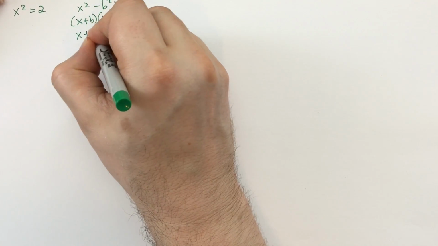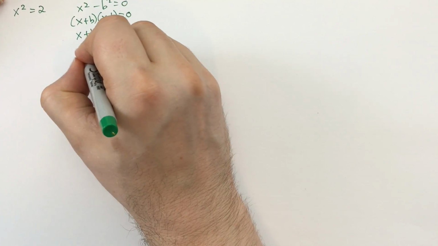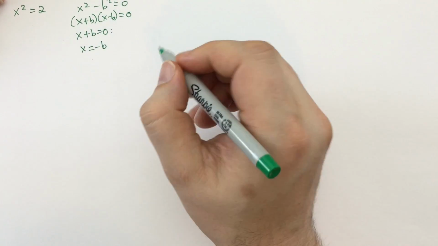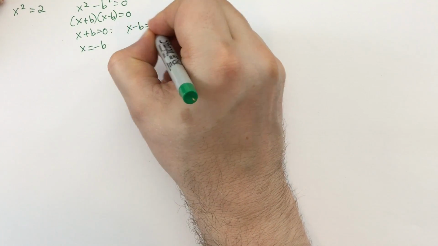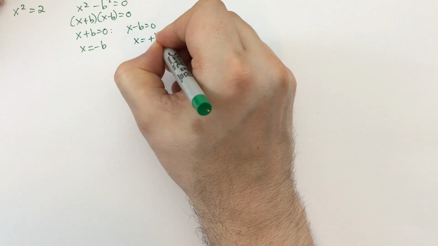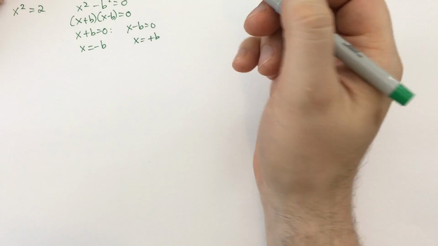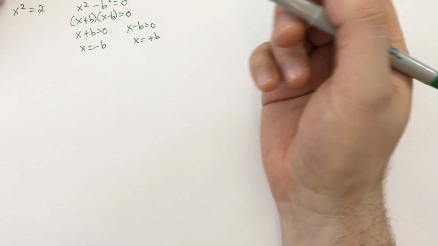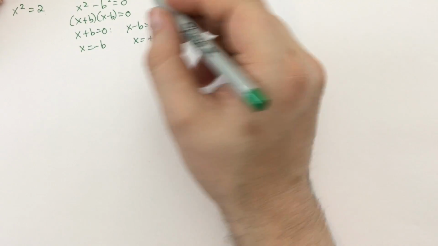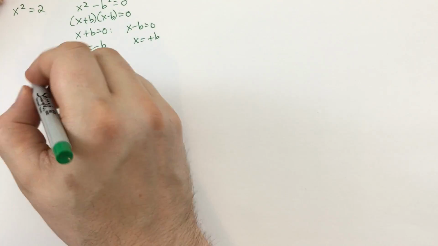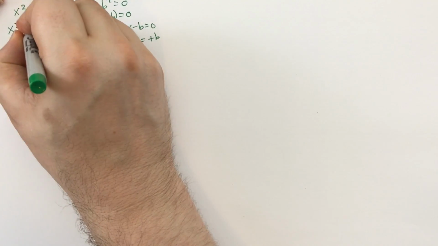So let's say if x plus b is equal to 0. Then what does that say? x is equal to minus b. But if x minus b is equal to 0, then that means x is equal to positive b, or just b. Okay? Now in this case, we had x squared equals 2, which is the same as x squared minus 2 equals 0.